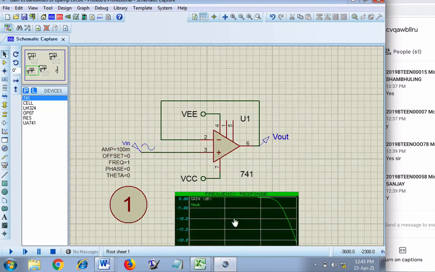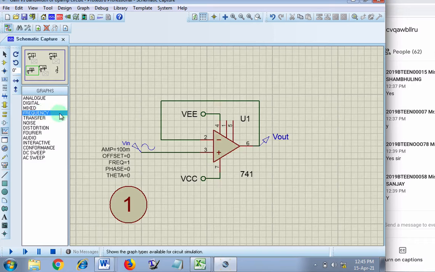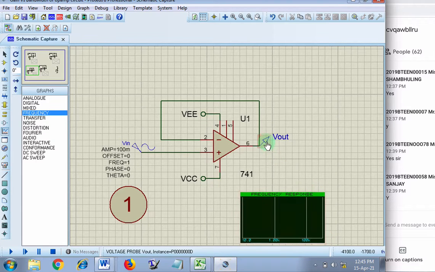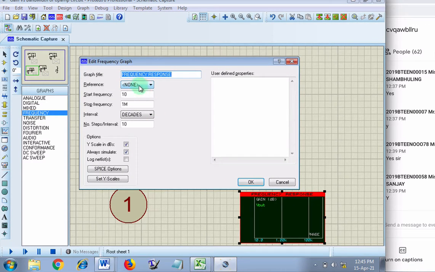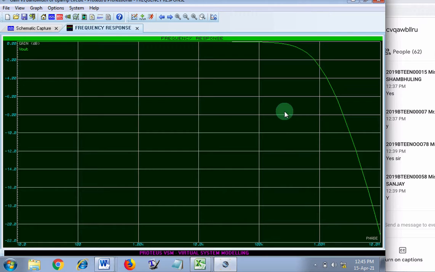So for this, I'll just remove this, and then we'll go to frequency graph, and then frequency response, and then draw it. Okay, then we'll find out V out here, then double click here and set the reference as V input. Then stop frequency, we can take it as 10 mega, and then right.